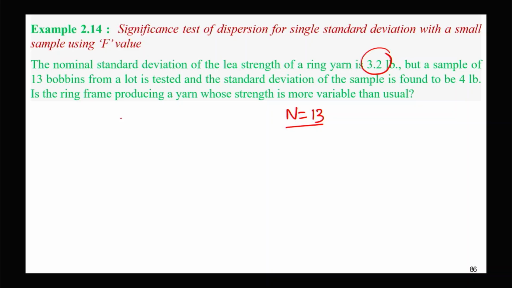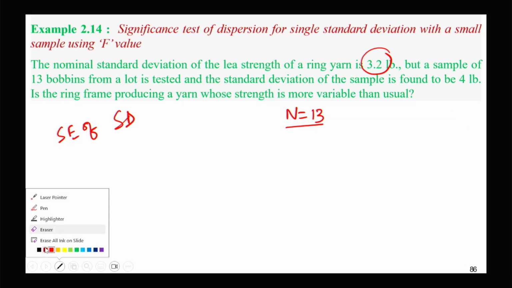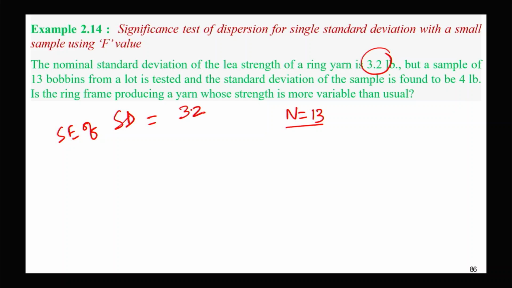So the standard error of standard deviation is equal to 3.2, the population standard deviation, divided by under root 2 multiplied by 13.